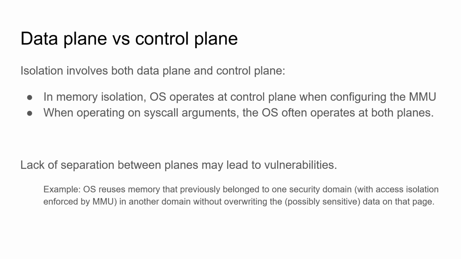Okay, there we have the MMU that needs to be configured to disallow certain accesses, but we also have the requirement for initializing the data. You don't want to just blindly reuse the memory pages that were available to one process in another process, because then you would leak information. Okay? So this is a lack of clear separation between these data and control planes.